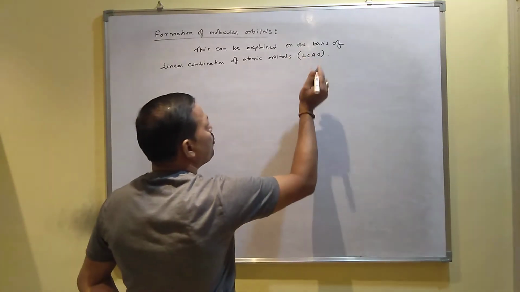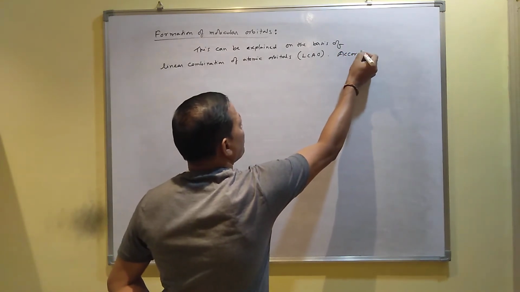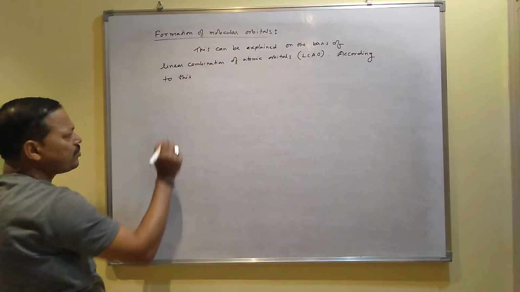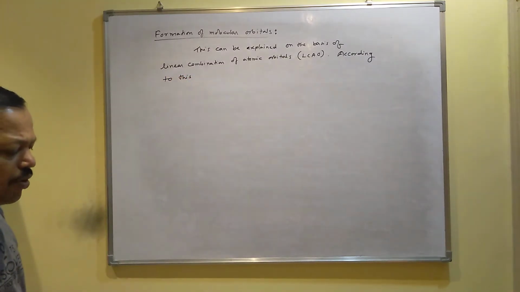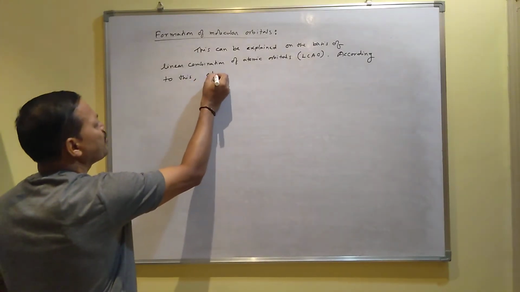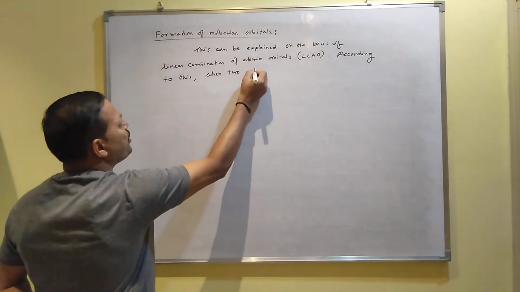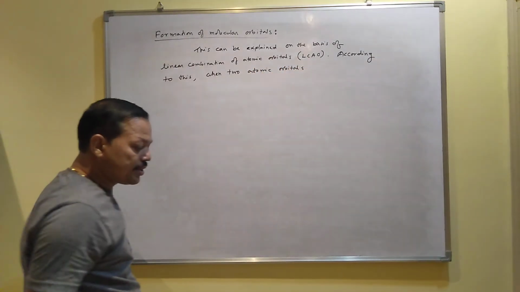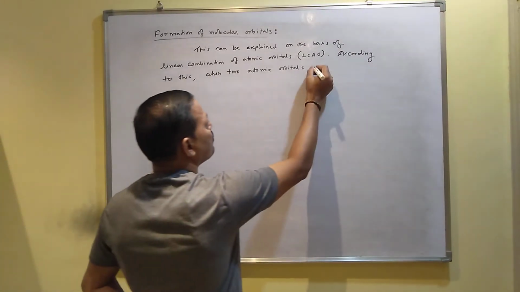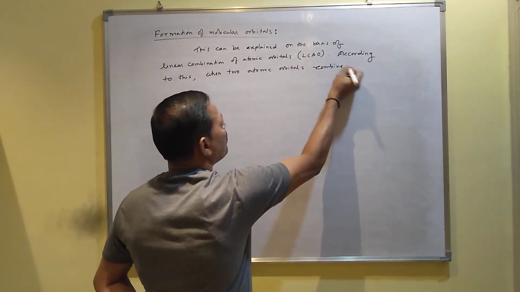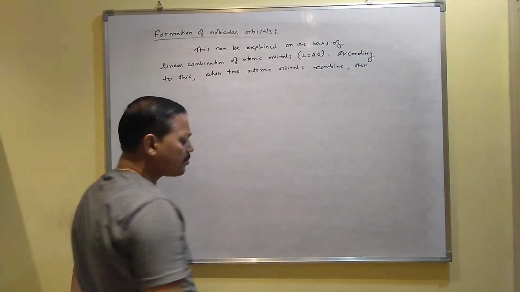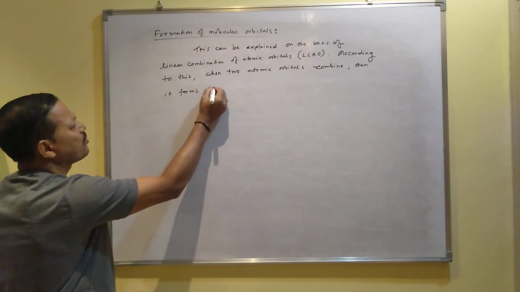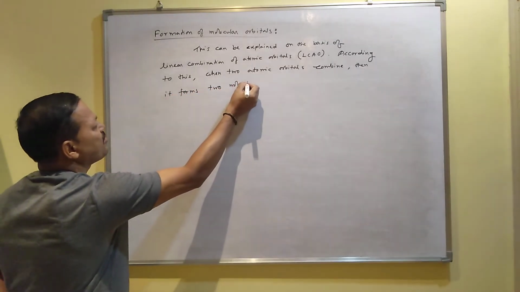What is LCAO? According to linear combination of atomic orbitals, when two atomic orbitals combine, then it forms two molecular orbitals.